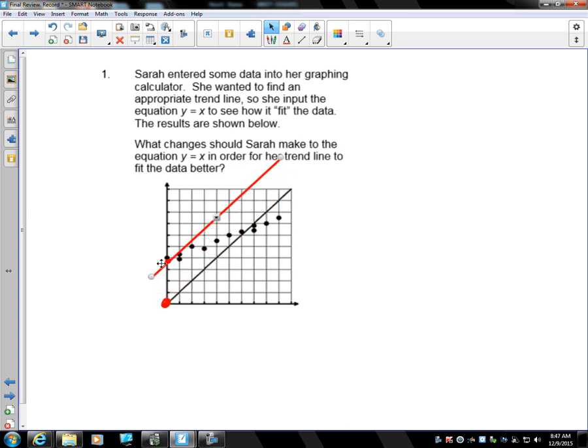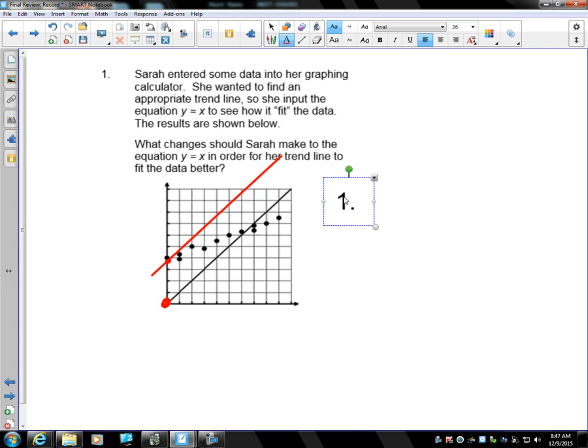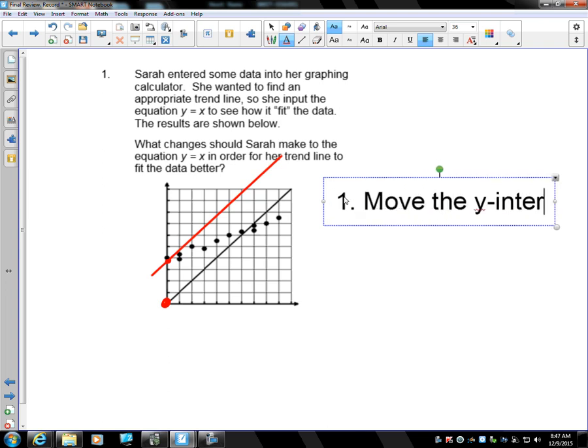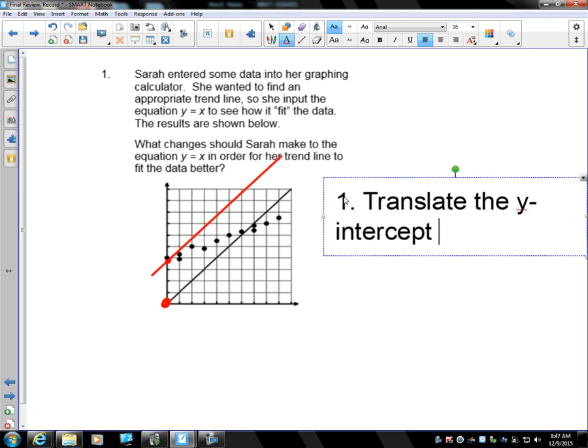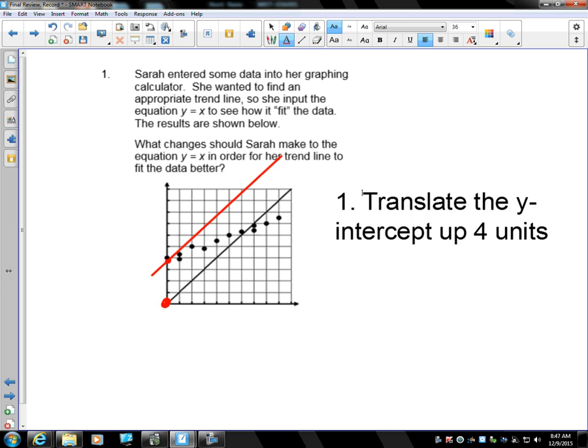So the first thing we did was move the y-intercept, or let me use math language, translate the y-intercept up 4 units. That was the first thing.